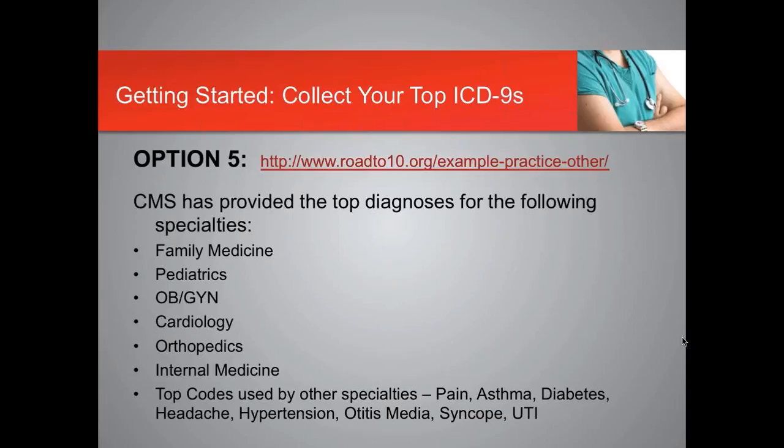Orthopedics and cardiology are pretty widely considered to be the specialties most impacted by ICD-10. They also have some top codes used by other specialties, pain, asthma, diabetes, and so forth. So you can use roadto10.org to collect most used ICD-9s and then probably work with your physicians to see what they think are the ones that they use the most.